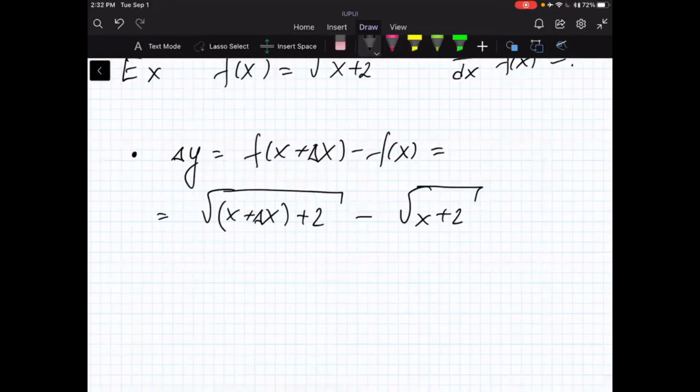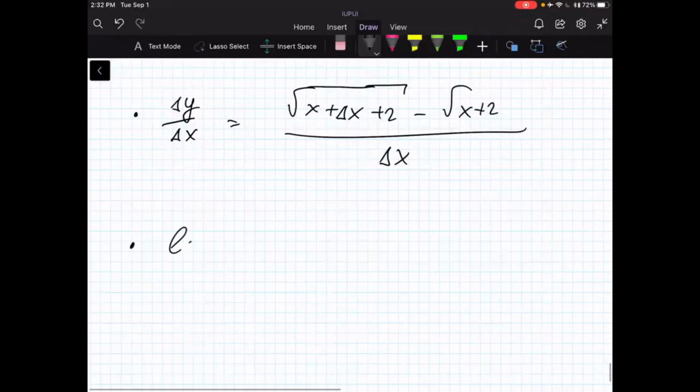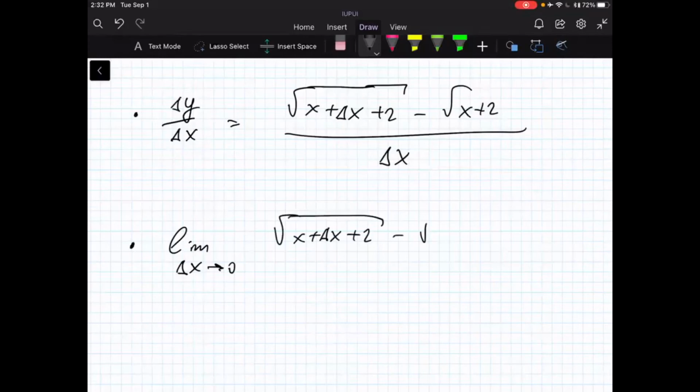Let's go further and write down delta y over delta x. That will be this, divided by delta x. And now the third step is to consider the limit. So the limit when delta x goes to 0 of square root of x plus delta x plus 2 minus square root of x plus 2, divided by delta x.